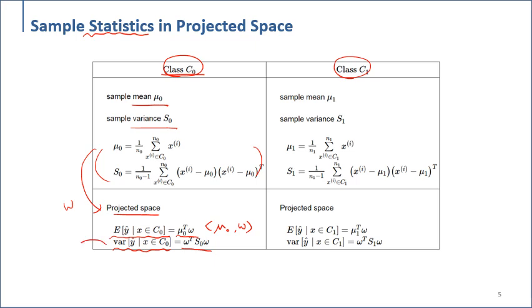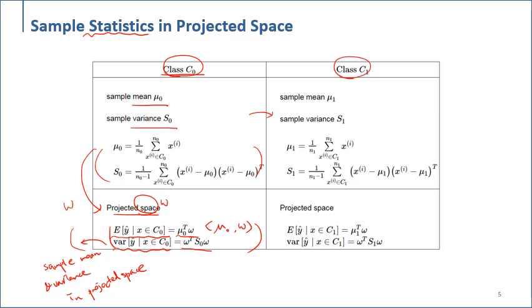So this is the sample mean and variance in the projected space, not the original space. This is what we learned last time.